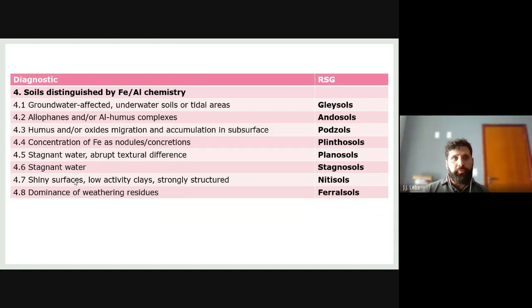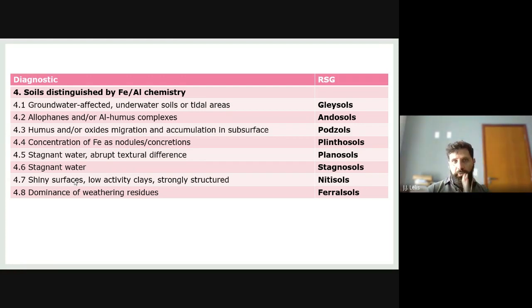We also have some soils that can be grouped in a fourth group, that are soils that possess a specific iron and aluminum chemistry. The first one is those soils that are groundwater affected, or are underwater, or even are in tidal sites, in tidal areas.